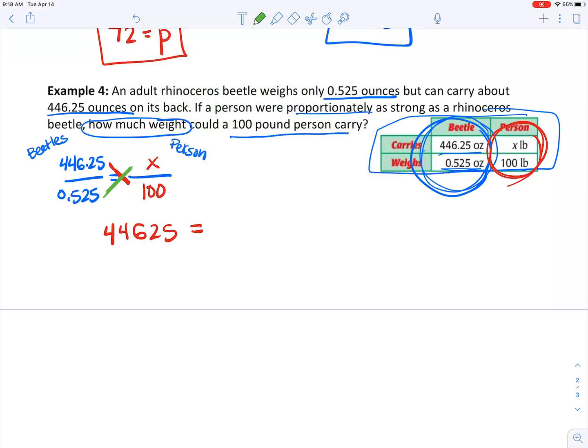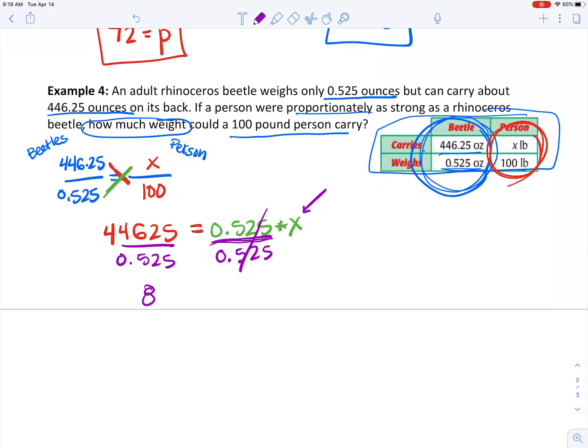And then that's going to equal my other cross product, which is 0.525 times X. Okay, now how do I get rid of this 0.525, because that's the number I want to get rid of. So here's my X. I want to get rid of the number that's next to that X. All right, so I'm going to divide, because right now it is times. So I'm going to divide on both sides.